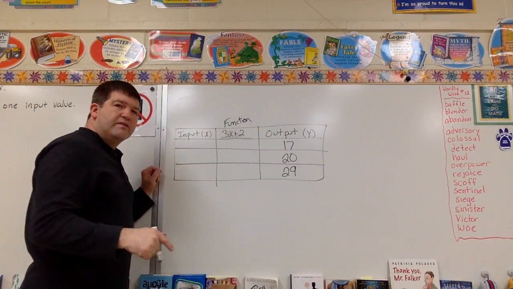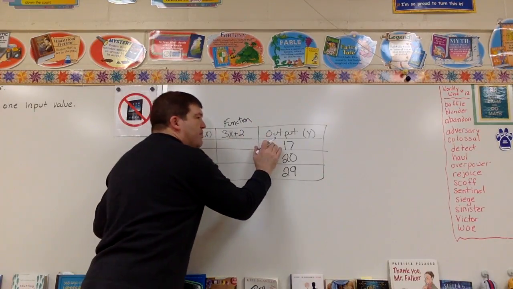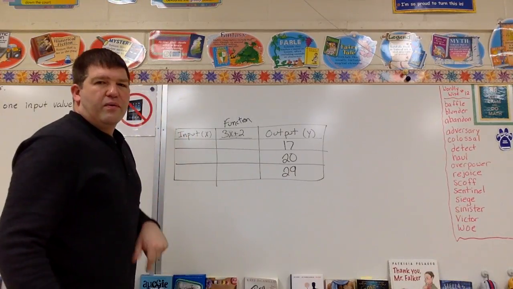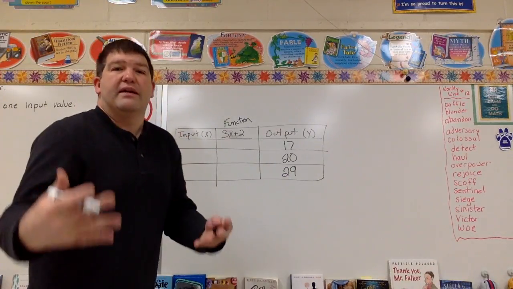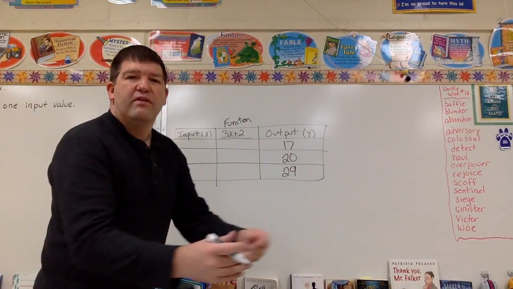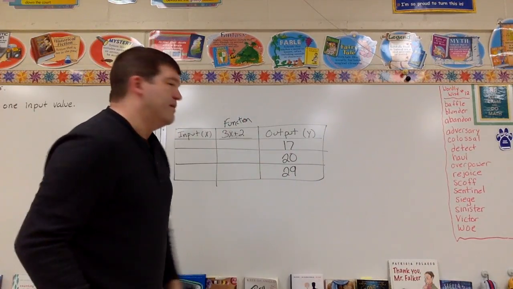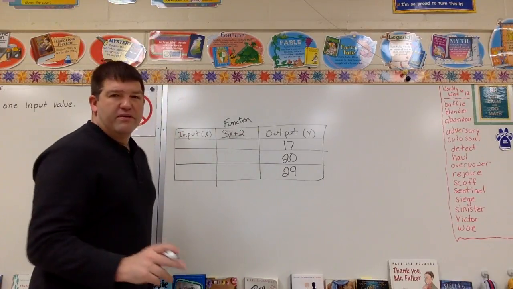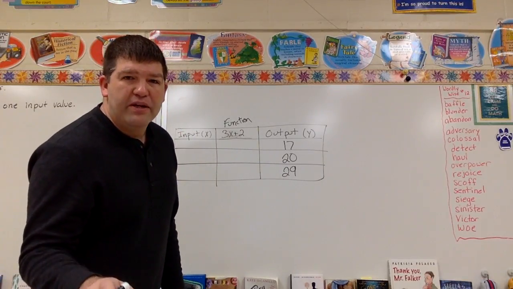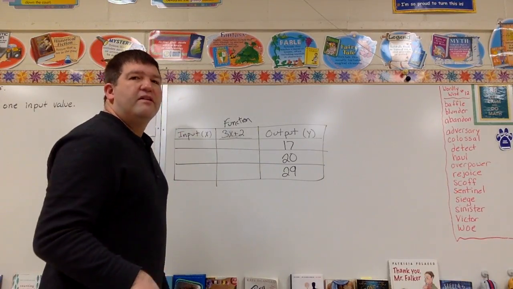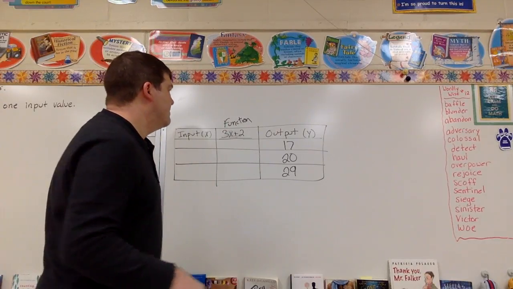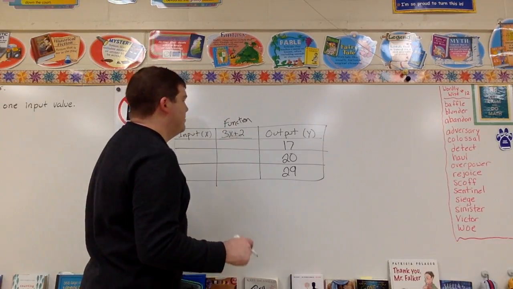Now on this one, we know what the function is, we know what the output is. When I think of output, I think this is what you get. This is what it all equals. Once I put it in, do this, it gets me this. So we could use the algebra equations that we just learned to figure out what the input is. So 3x plus 2.